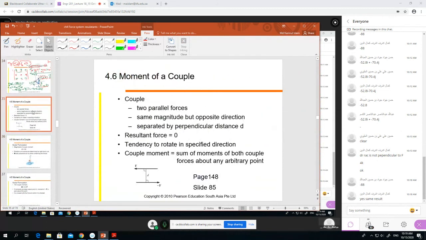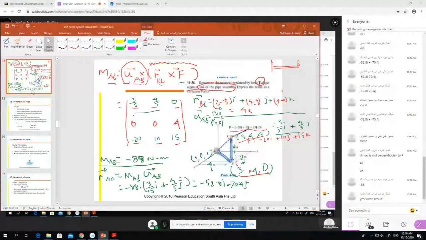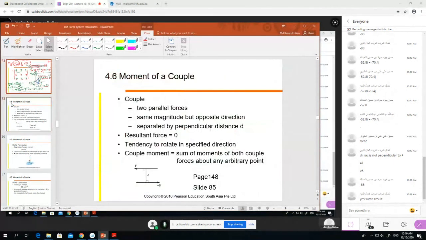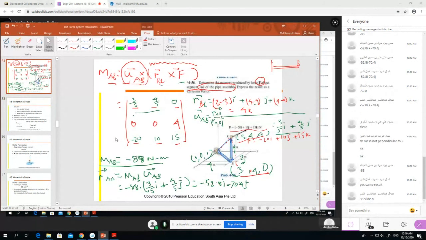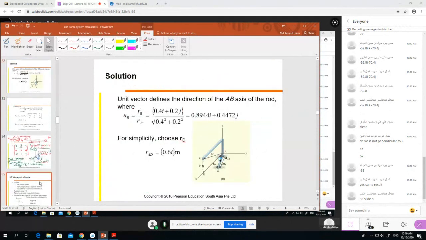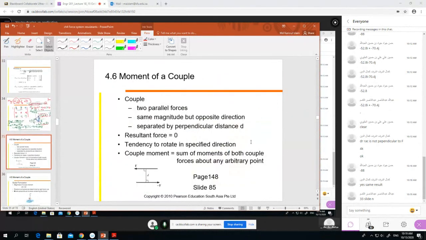Before this slide, don't forget your mid exam is up to this, before the moment of a couple. Next class we will discuss the moment of a couple. So before that is your syllabus, chapters 3, 4, 5, 6.